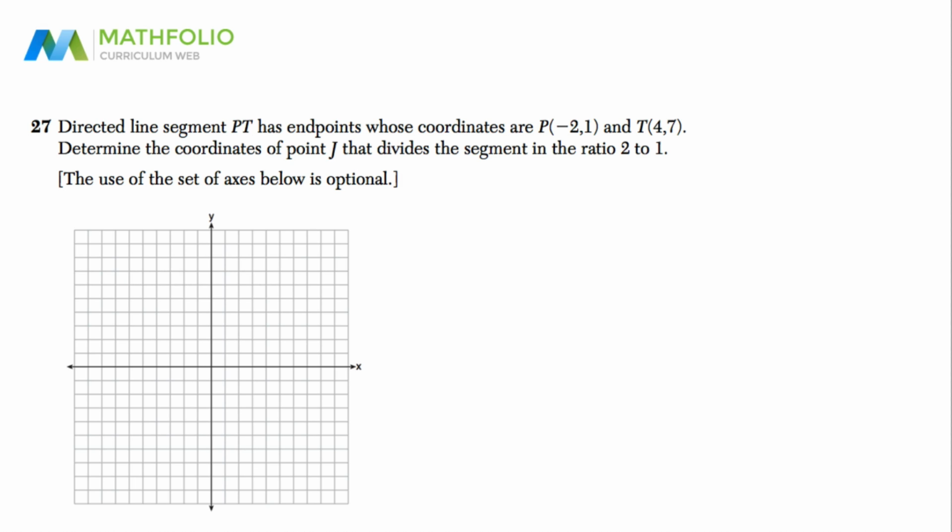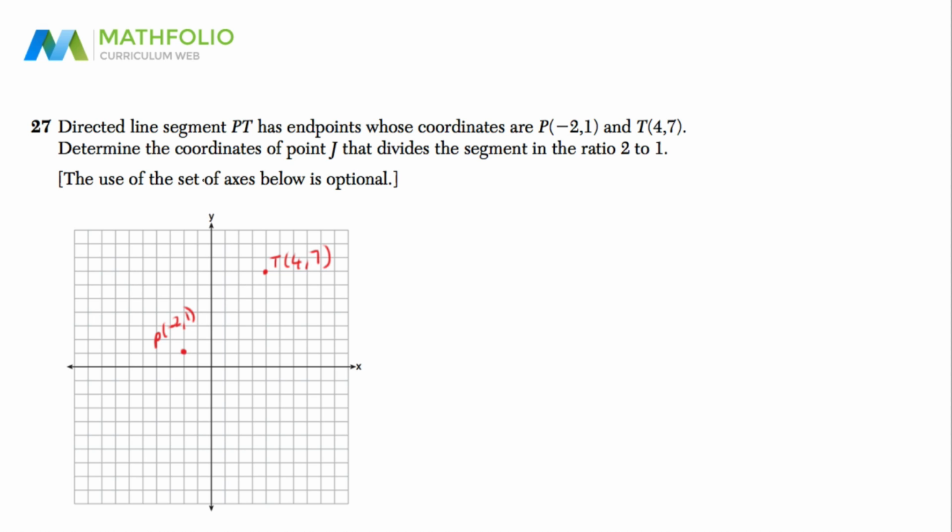Just need to bring this over here. -2, 1 is right here. So this is P, and T is at 4, 7. So 1, 2, 3, 4, and then 1, 2, 3, 4, 5, 6, 7. That's what T is. I'm going to write this down, 4, 7, and this is -2, 1.